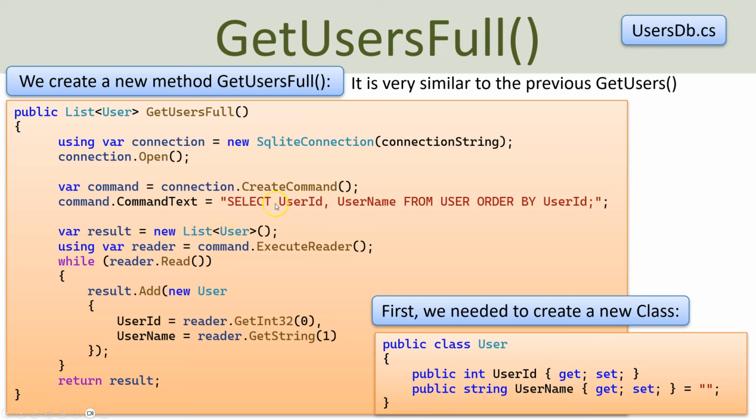We now need to retrieve a class. So here we need to create a list of users, where user is now a new class that contains the user ID and the username. Let's create this new class and create this getUsersFull method as part of our code.